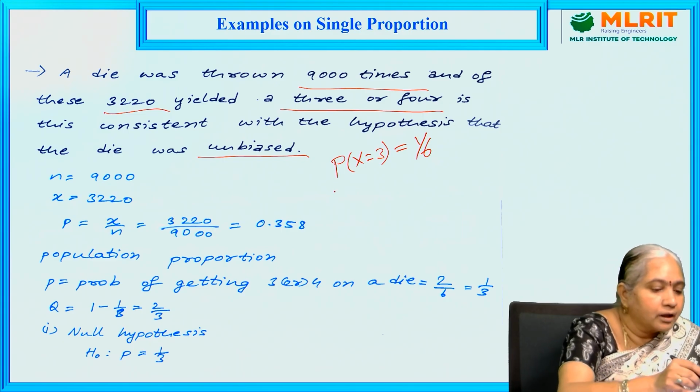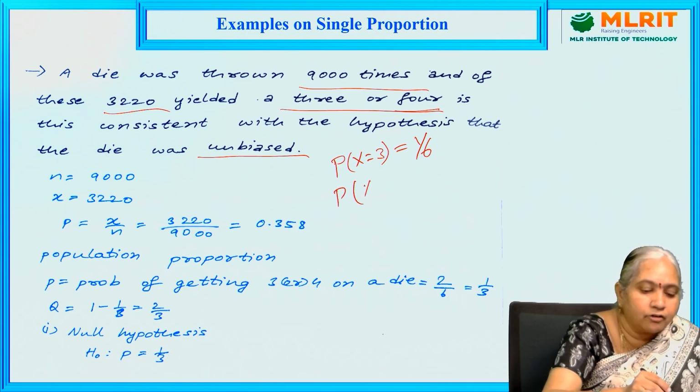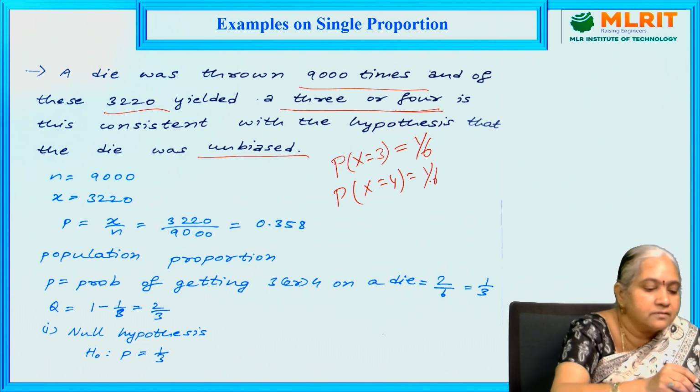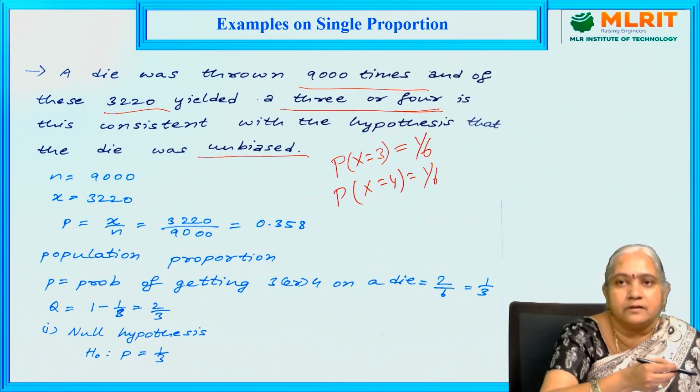Similarly, the probability of getting 4 is also 1 by 6, since we are claiming that the die is unbiased. Unbiased means we take equal probabilities for all possible outcomes in a random experiment.